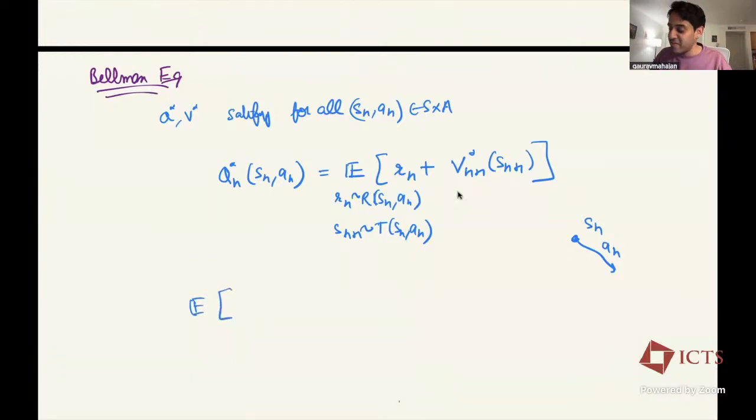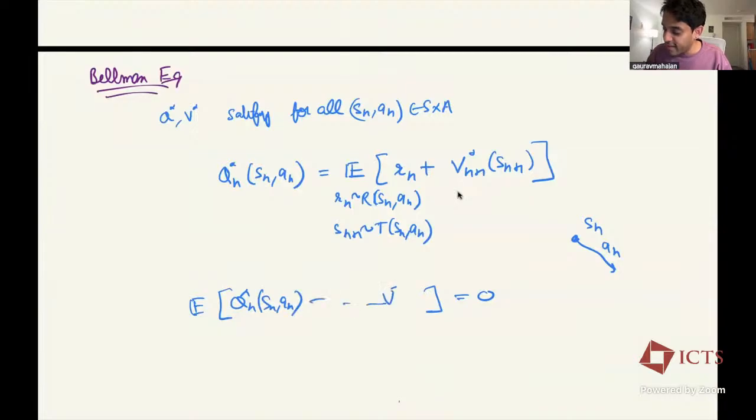So now you can write this as an expectation. You move the expectation to the left-hand side, and it's an equation that Q star and V star have to satisfy.